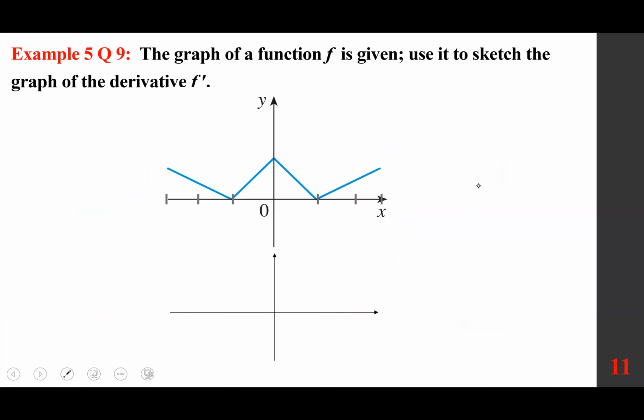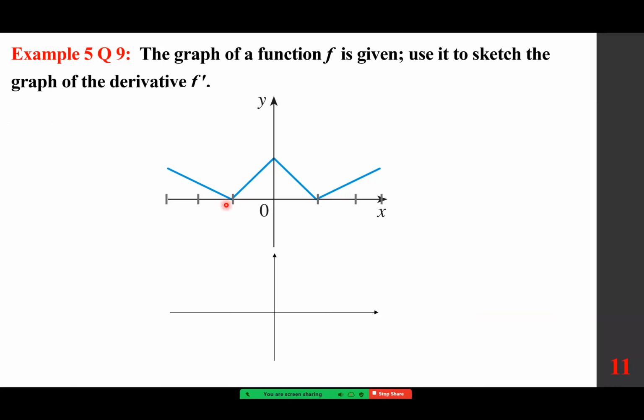Again, we are given a graph of a function and we want to sketch the graph of its derivative f prime. So remember what I told you. If you have a line, all you have to do is calculate its slope, and y equals that slope is the derivative function, and the graph is a horizontal line.